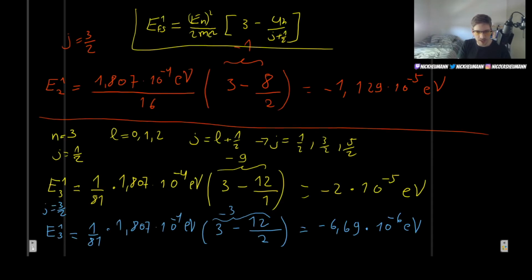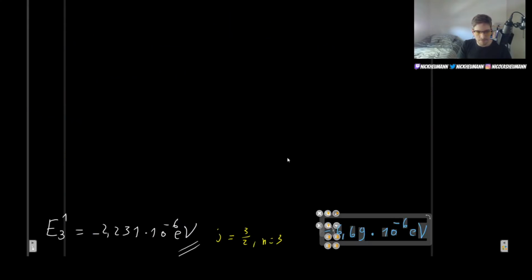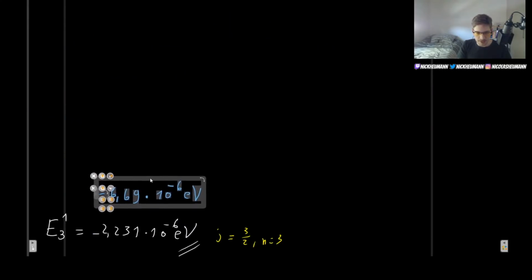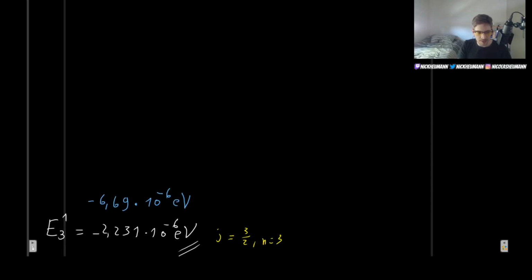All right, so where are our other results? So this is another one. All right, so let's put it there. And of course, oh, this is 5/2, by the way, not 3/2. Whoops. This is 5/2. And this is 3/2.